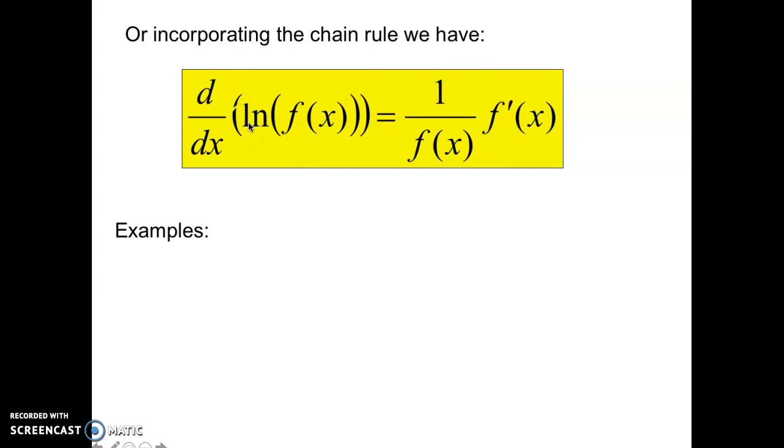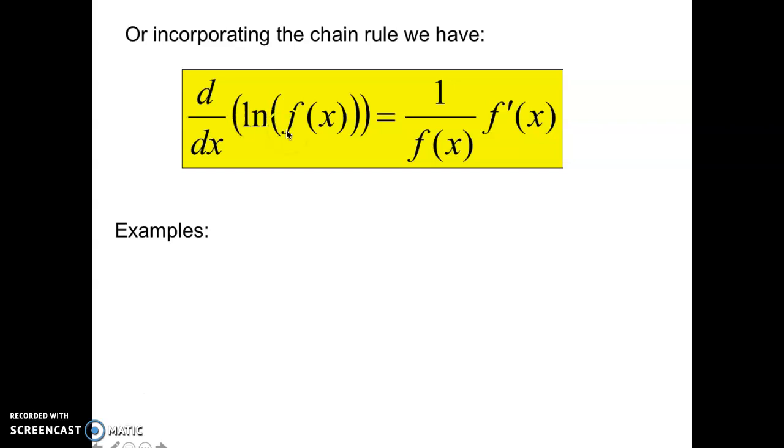So this is the derivative of natural log, but it is incorporating also the chain rule, because often when we have a natural log function, it incorporates another function within the natural log. Now, we could just simply use the chain rule as we usually did, but again, incorporating this new rule for natural log.